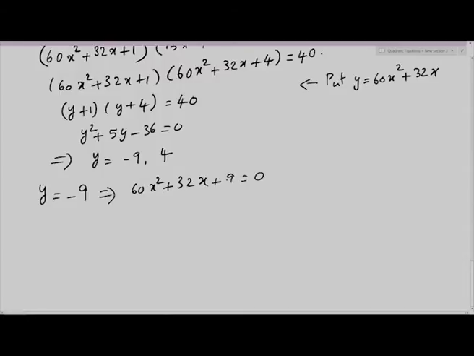Solving this quadratic equation, the discriminant b square minus 4ac will definitely be negative, therefore there is no real solution.